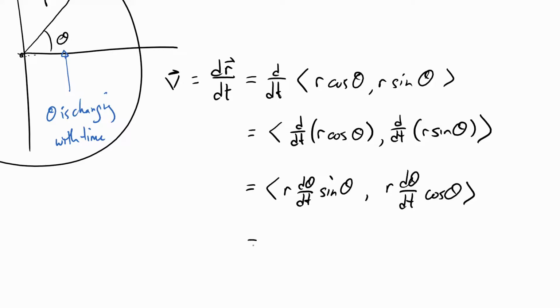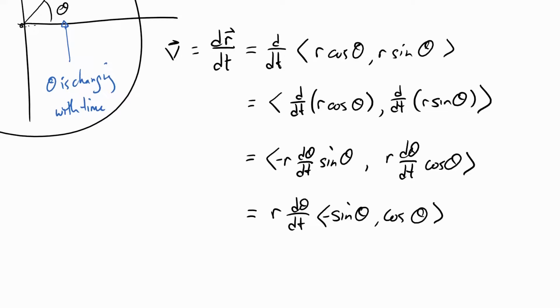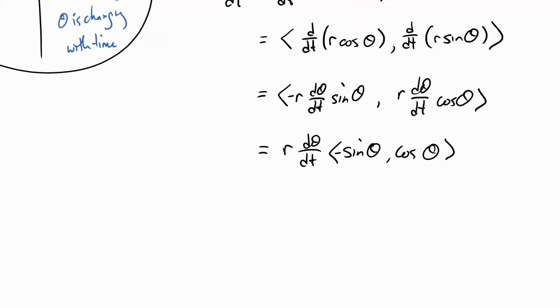So if I were to pull this out, I have r d theta/dt times sine theta, cosine theta, with a minus sign. I'll leave the signs as an exercise to the viewer. This r d theta/dt is my speed, and this is minus sine theta, cos theta.